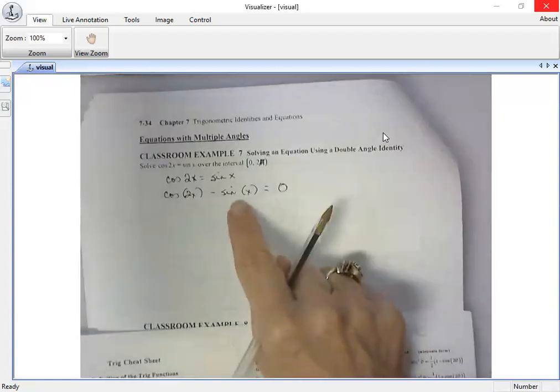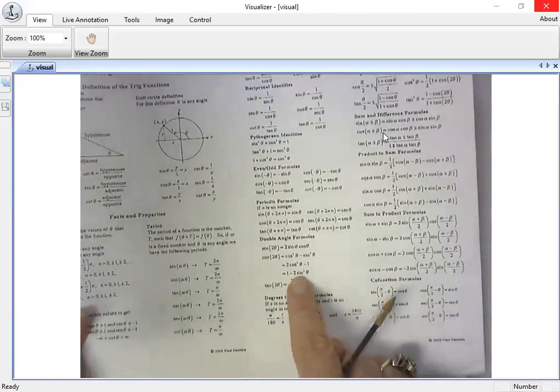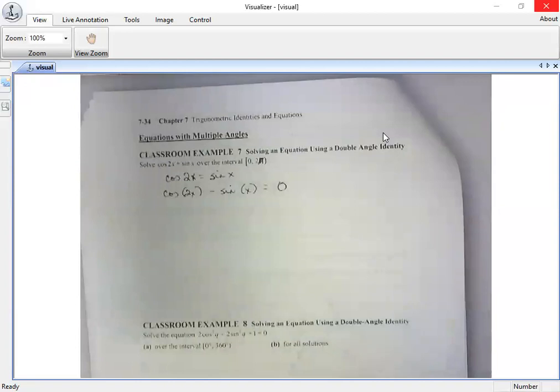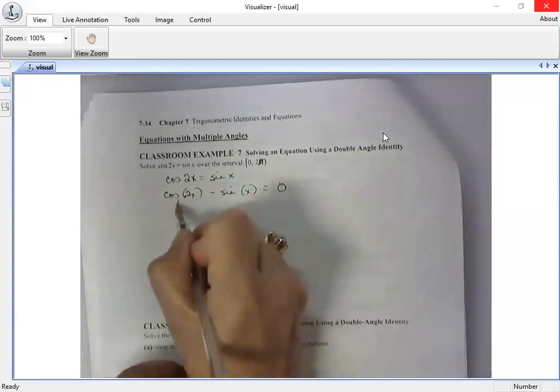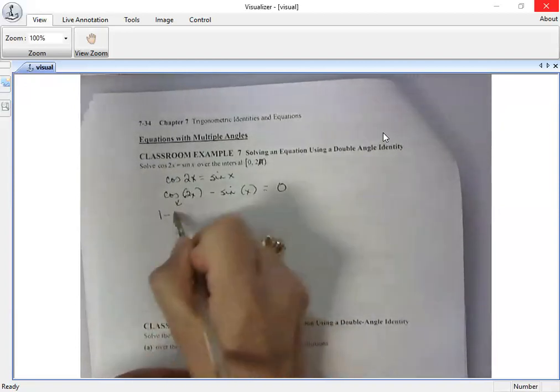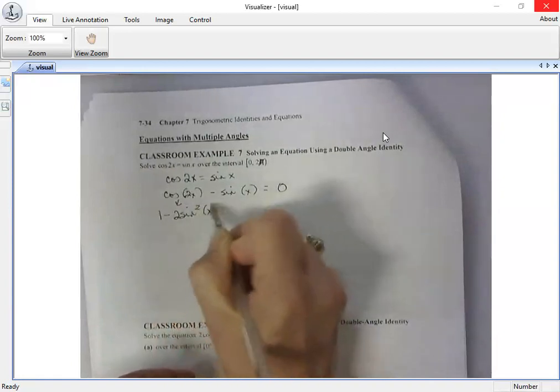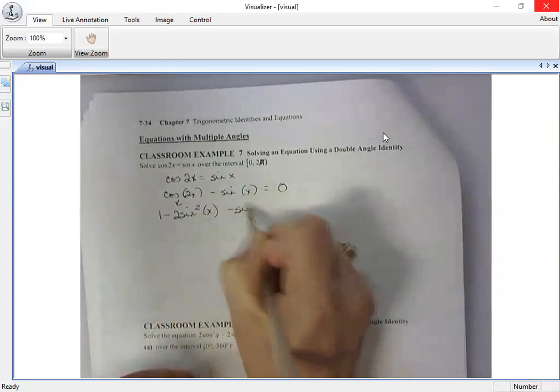Now, what do you think might be a good idea since my other term has sine in it? How about I use the one that only involves sines? Let's replace it with 1 minus 2 sine squared of theta. So this becomes 1 minus 2 times the sine squared of angle x minus the sine of angle x.